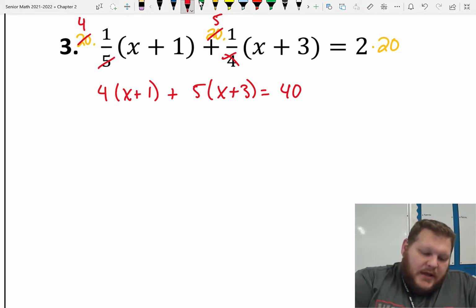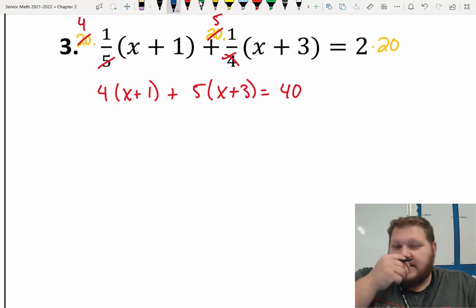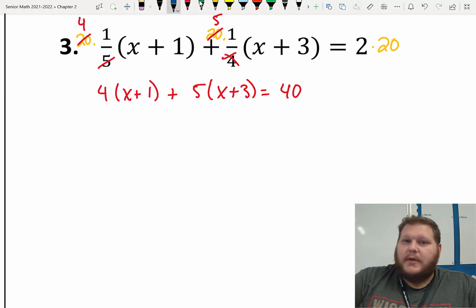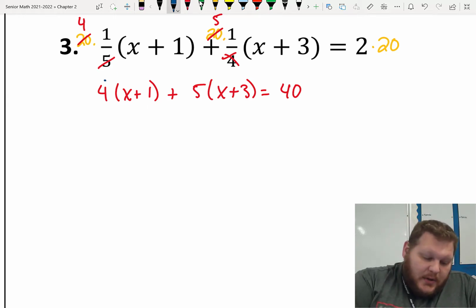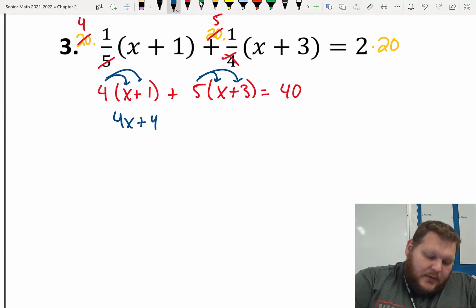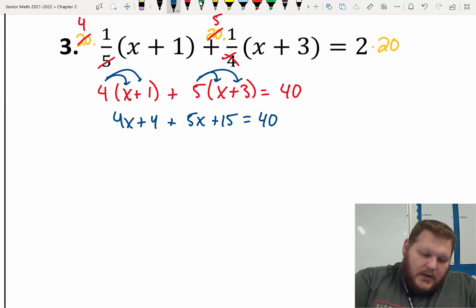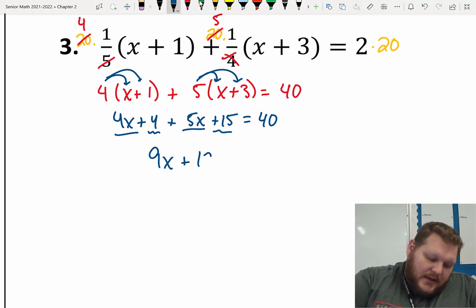So from here, even though it's a complicated one, I still am just doing a regular Algebra 1 level solving problem. I'm going to go ahead and distribute my 4 into that parenthesis, my 5 into that parenthesis. So I've got 4x plus 4 plus 5x plus 15 equals 40. I'll collect up my like terms. We've got 9x plus 19 equals 40.